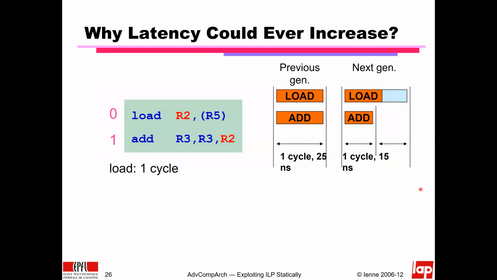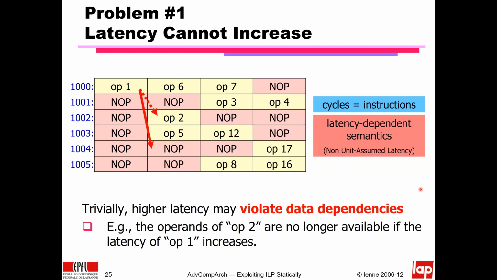The problem is, do we ever increase latency? One could think, but look, how come I increase my latency? Finally, my transistors are faster every generation. It may not be so true anymore, but still they will never become slower, right? And so is this really a problem? Could I guarantee that whatever I do in the next generation will not increase the latency?